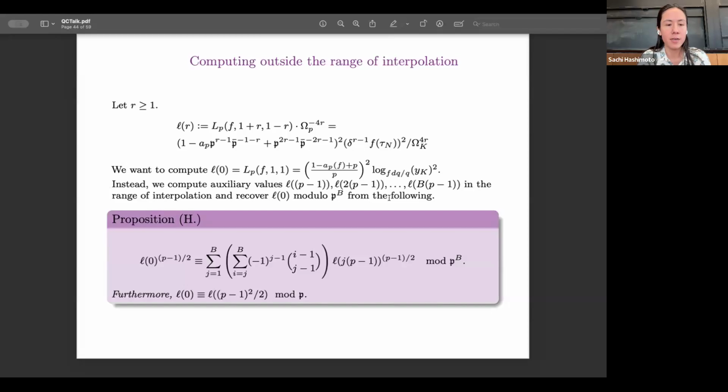And the proposition is that L of 0 raised to the (p-1)/2 power is equal to this kind of weighted sum of auxiliary values mod p to the b. And in this way, we can approximate L of 0, and we can actually recover the correct sign on L of 0 from this congruence here.